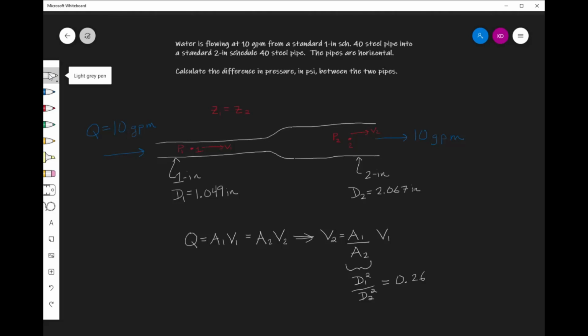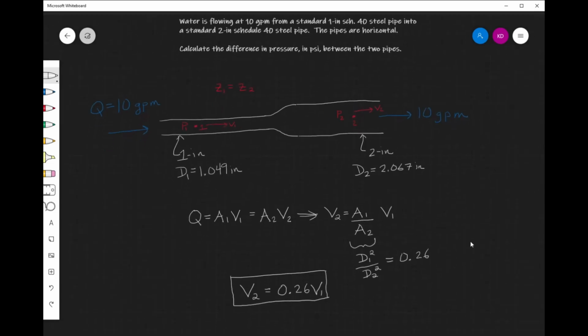So what we find from the continuity equation is that the velocity at point 2 equals 0.26 times the velocity at point 1. So the velocity at point 2 is about a factor of 4 smaller than the velocity at point 1, and we arrived at that result just by using the continuity equation.